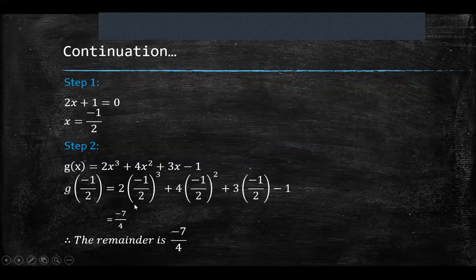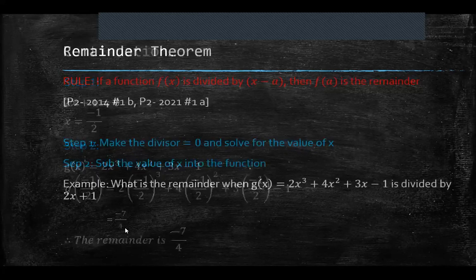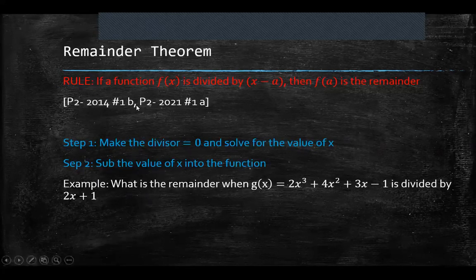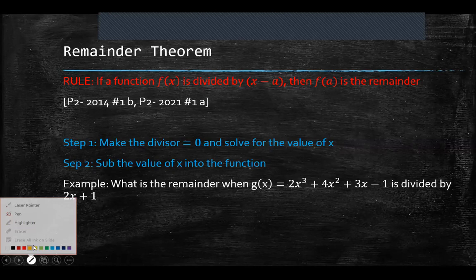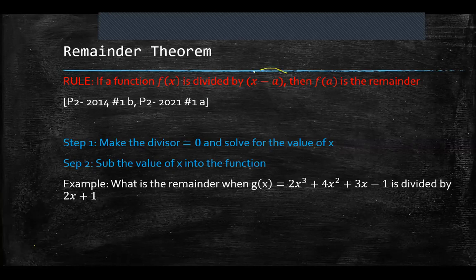What answer do I get? Well, when I do all of that and I simplify it, I get my answer to be minus 7/4. But what exactly is that value? What's the purpose of doing that? Well, according to my rule, if a function f of x is divided by x minus a, so in this case, x minus a is your divisor, right?